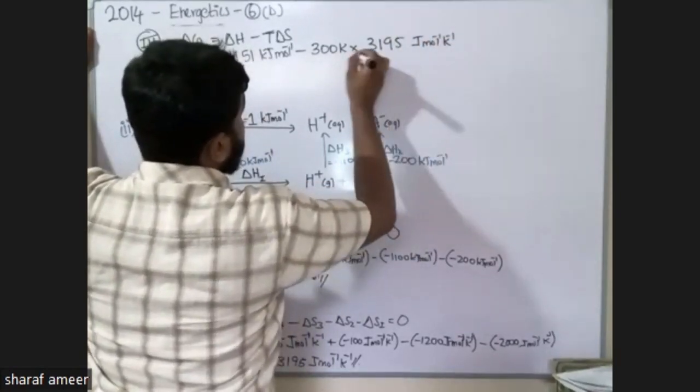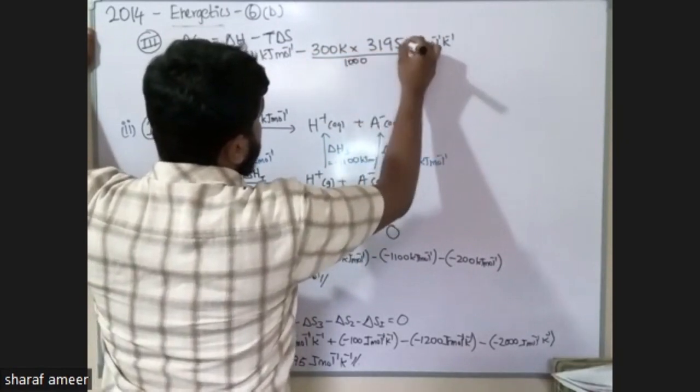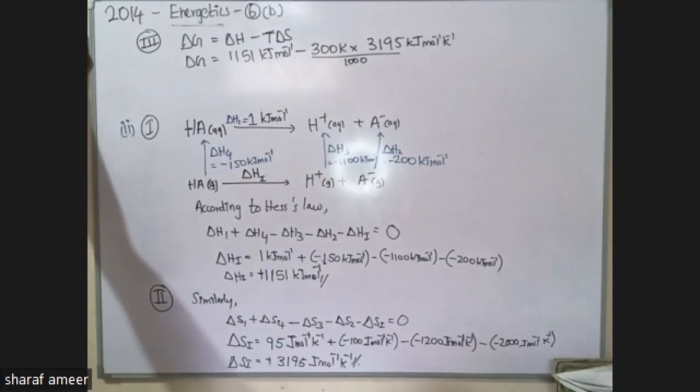Now I'm dividing this total thing by 1000. So it will become kilojoule. Understood?